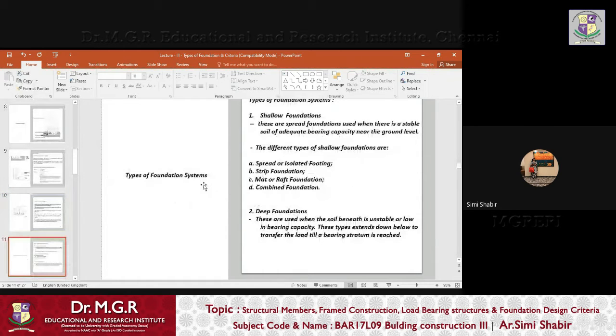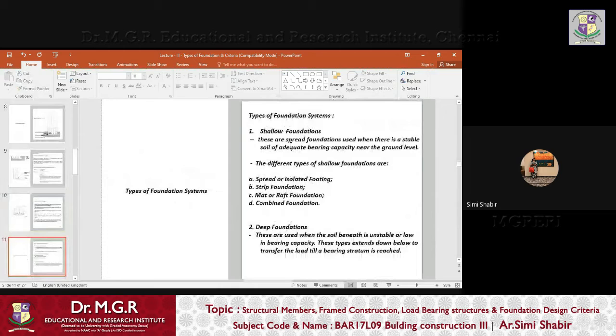Now let us look at the core of the first unit in BC3, that is the types of foundation systems. Let us have a look at what are the basic types of foundations. One is the shallow foundation. Then comes the deep foundation.